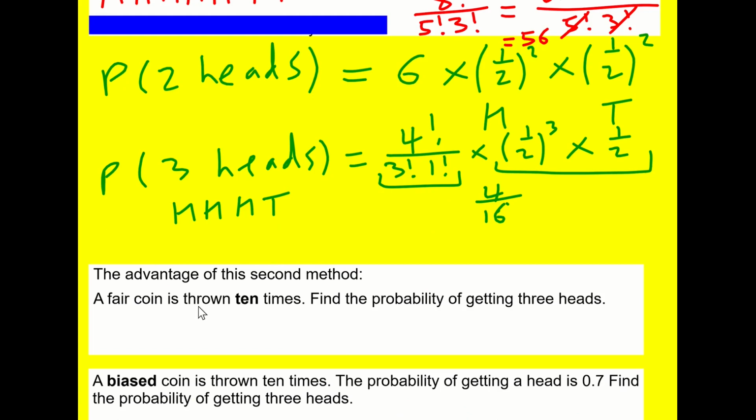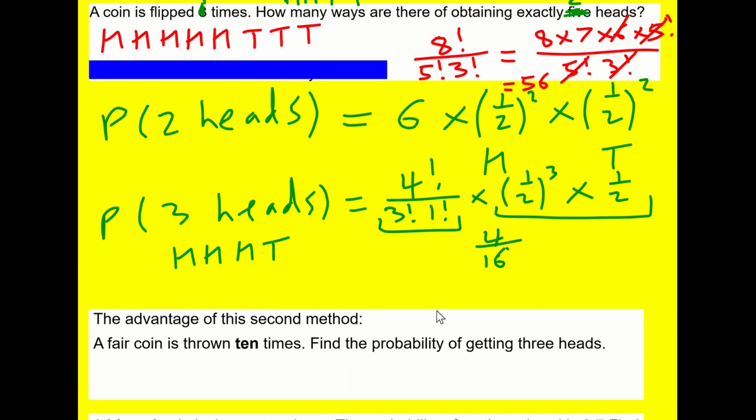So a fair coin's thrown 10 times, find the probability of getting 3 heads. Well, one possibility would be heads, heads, heads, and then 7 tails.